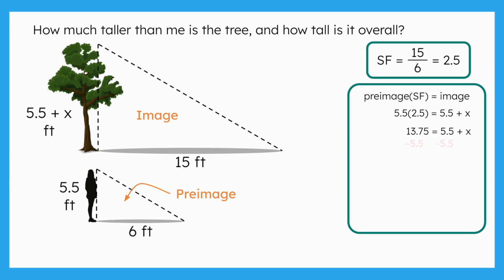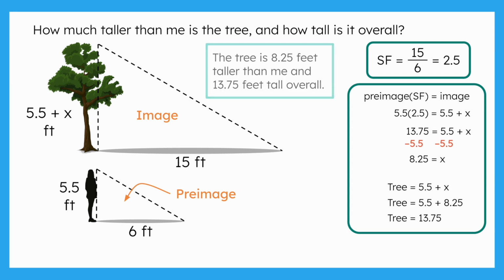Here's the work for solving that equation. 8.25 equals x. We substitute 8.25 into the expression 5.5 plus x to get 13.75. Since I'm 5.5 feet tall, that means the tree is 8.25 feet taller than me and 13.75 feet tall overall.